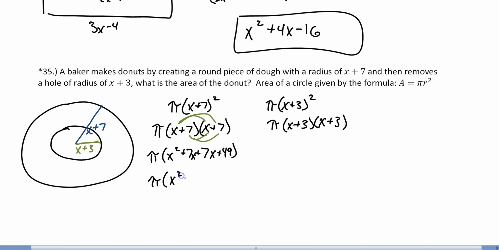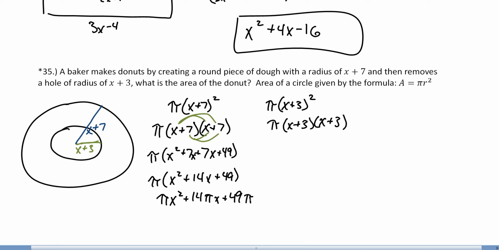That gives me an x squared plus 14x plus 49. But now I also have to distribute that pi. So let me write it as pi x squared. And I'm just going to leave pi almost like an extra variable in here. So it's pi x squared plus 14 pi x plus 49 pi.